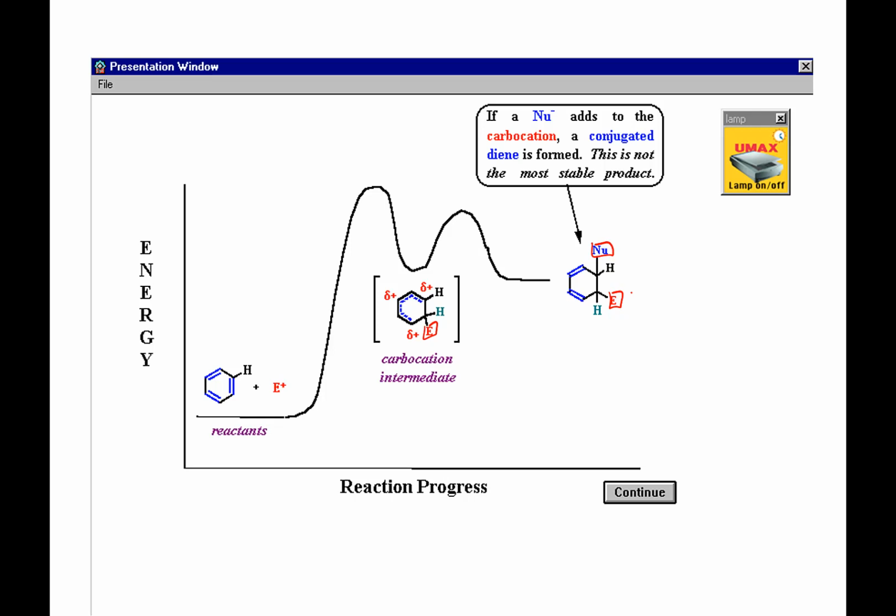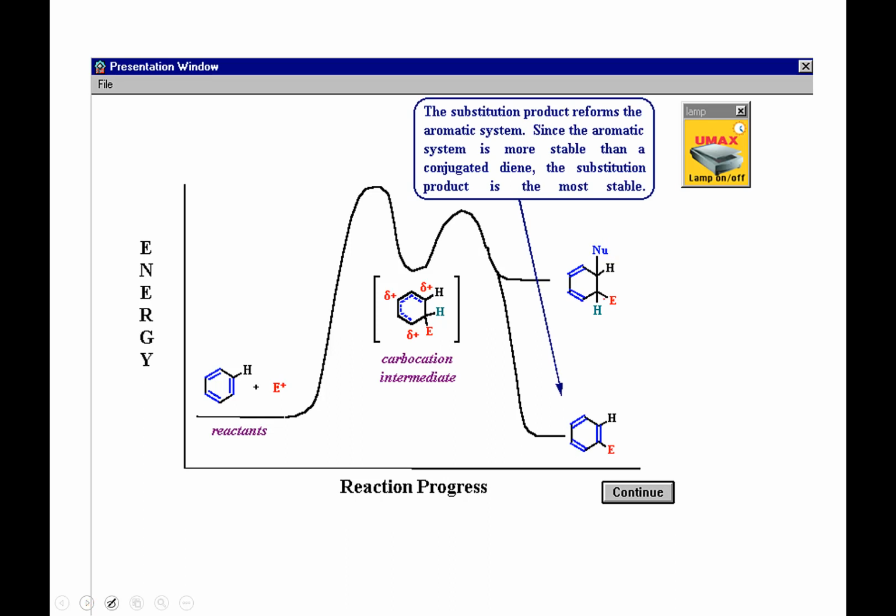Is that the most stable product I can get, though? No. Because what can happen is that if I lose my H+ and take that pair of electrons and move it back, I now reform the double bond, and so I reform the aromatic system.